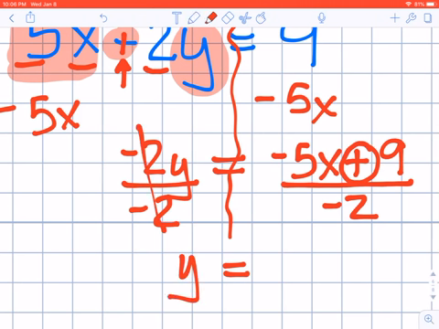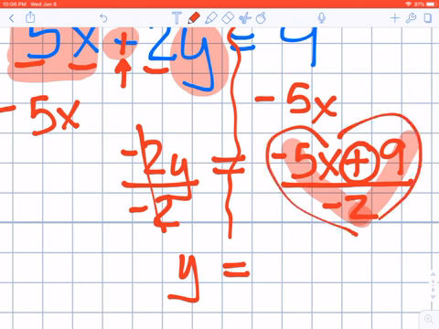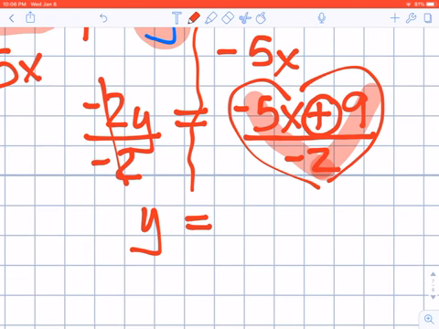And here we have to think, yeah? The 5 is being divided by the -2, and the 9 is being divided by the -2. I tell kids, draw a little heart. Feel the love. So we have a -5x over a -2, and a 9 over a -2.